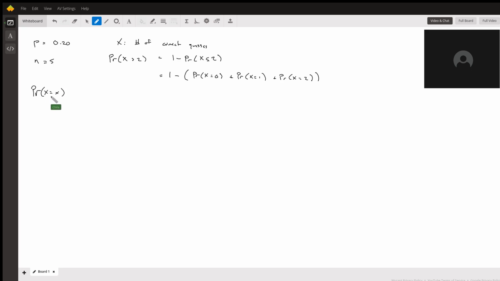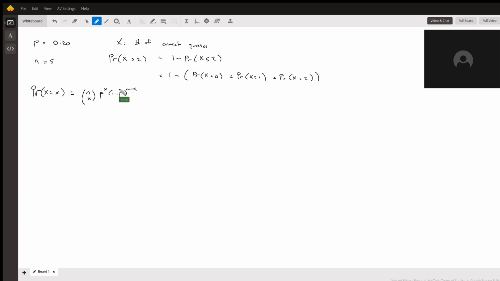So we're asking, what's the probability that the random variable denoted capital X is equal to a particular value, lowercase x? Well, the general formula for the binomial distribution, if you have n trials and the probability p, is n choose x times p to the x times 1 minus p to the n minus x.